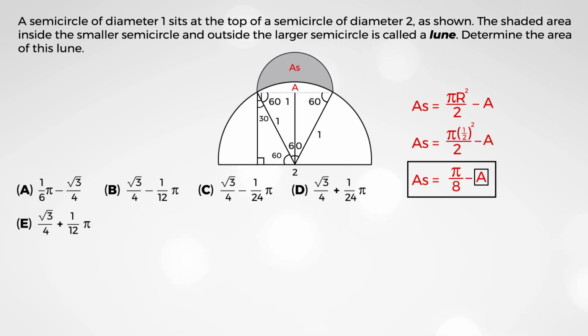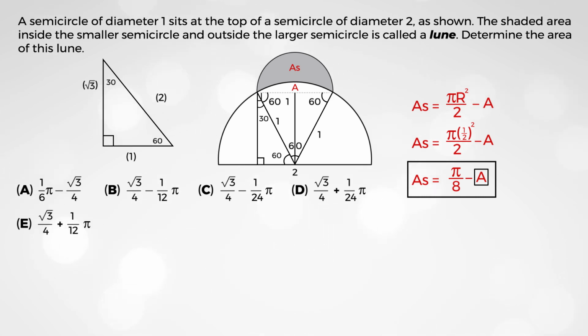Once again, we've created a 30, 60, 90 triangle. So I'll draw that over here just to be able to label things a little bit better. And we've got 90, 30, and 60. And the ratio of the sides are 1, 2, and root 3.